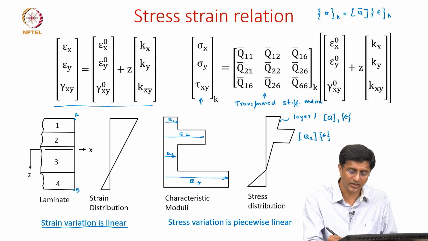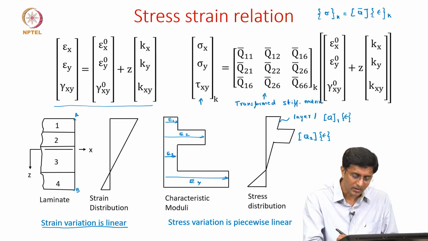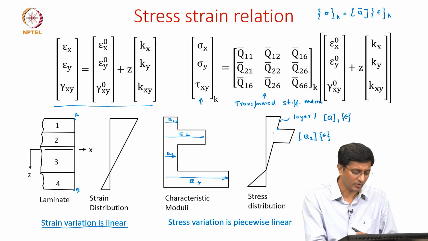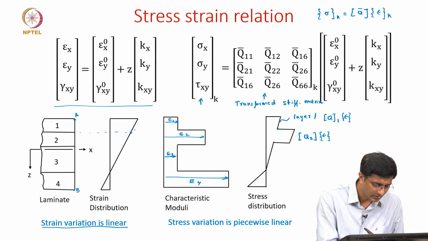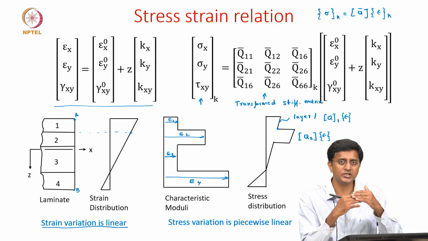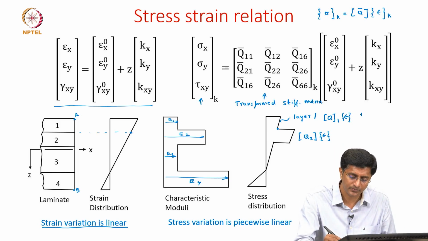So the strains might be linear, but since we are going from Q1 to Q2 which are very different, there is a discontinuity in the stress at the interface. But previously, is there any discontinuity? No. So at the interface between two layers, the displacement is continuous, strain is continuous, but for the stress there is a discontinuity. That's point 1.